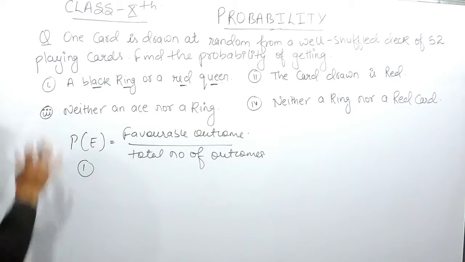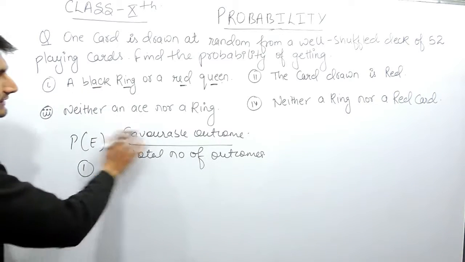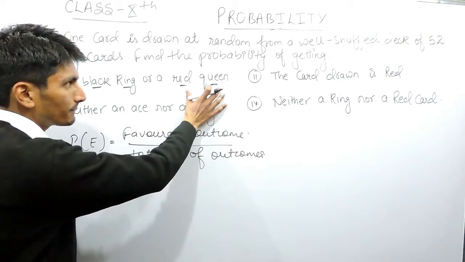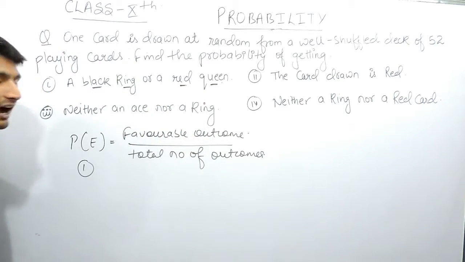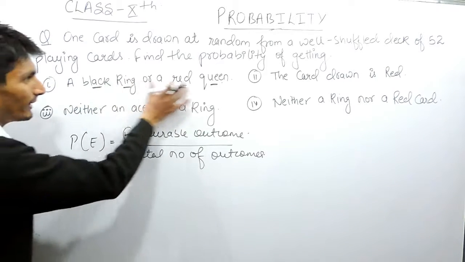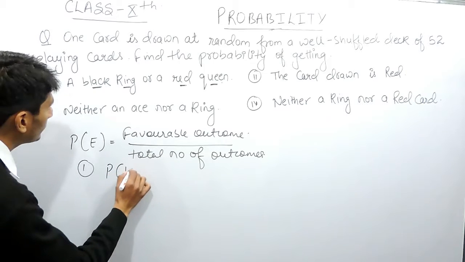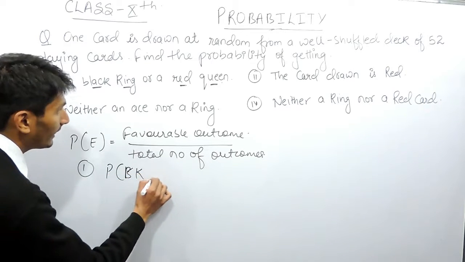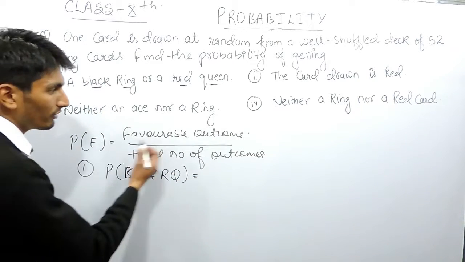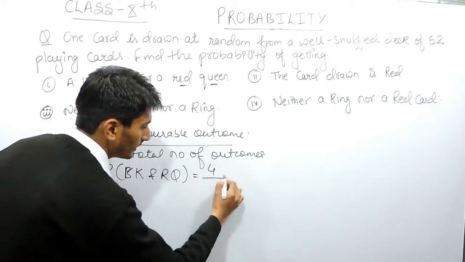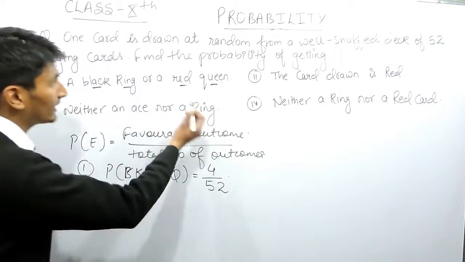So in a pack of 52 cards, there will be 2 black kings and 2 red queens. So there are 4 favorable outcomes here. So the probability of a black king or a red queen will be 4 upon 52, because there are 52 cards.